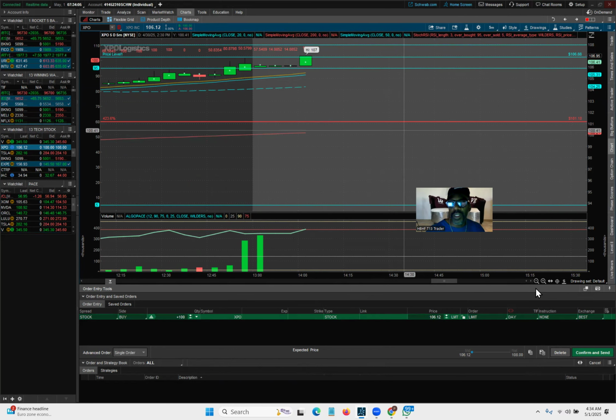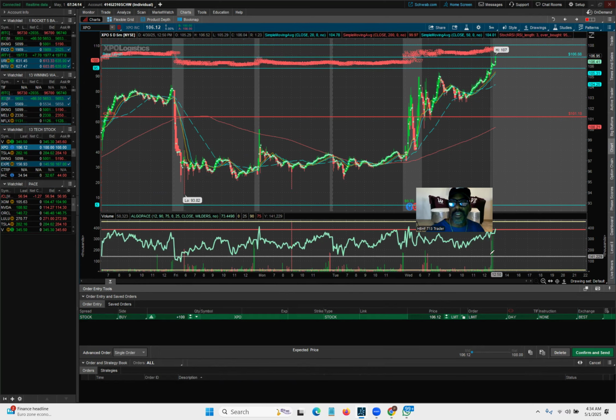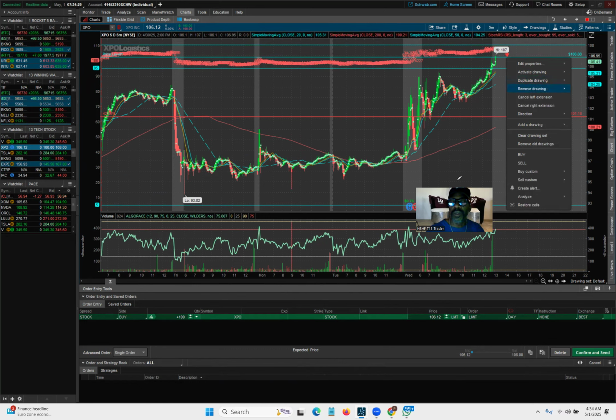If this is the top for XPO, and it decides to not hold, then we might be looking at XPO going down and retesting this market.